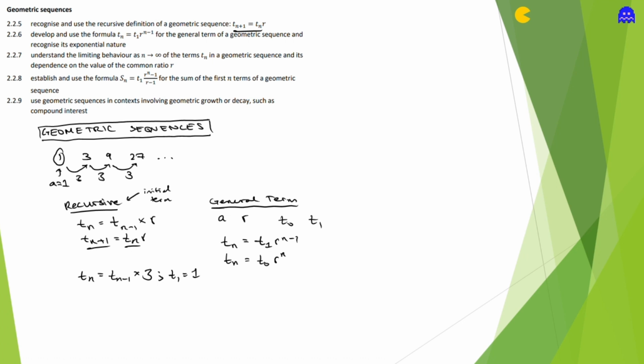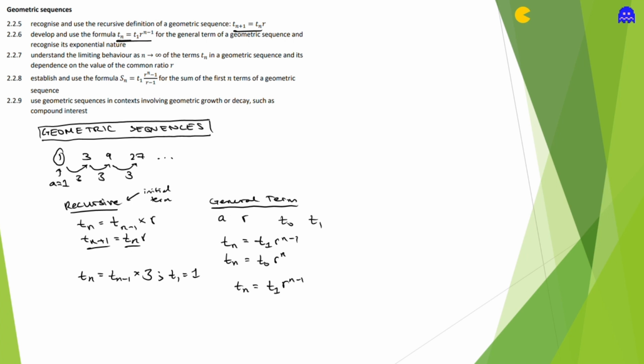And in our general term, we have t_n is equal to t1 times r to the power of n minus 1, because we've defined t1 as our first term. So we've come to a definition of the general term of a geometric sequence.